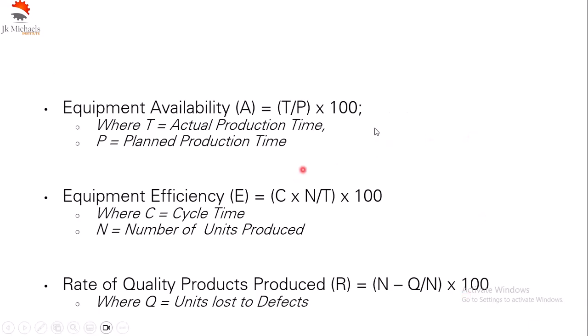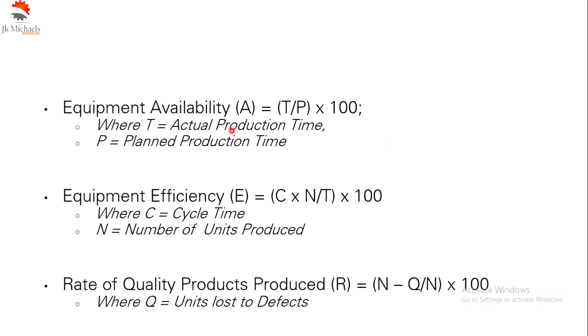You want to be able to figure out what your actual time is going to be. Of course, the planned time minus everything that keeps you unavailable. Things like setup time, maintenance time, and what have you.